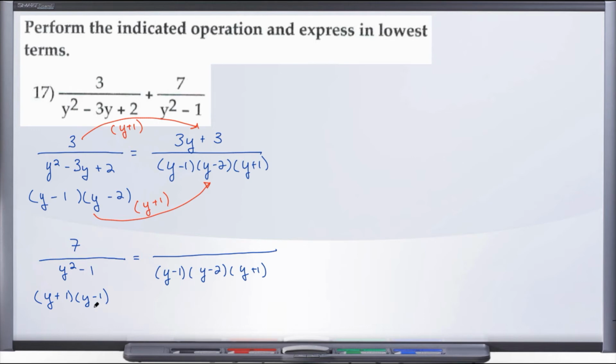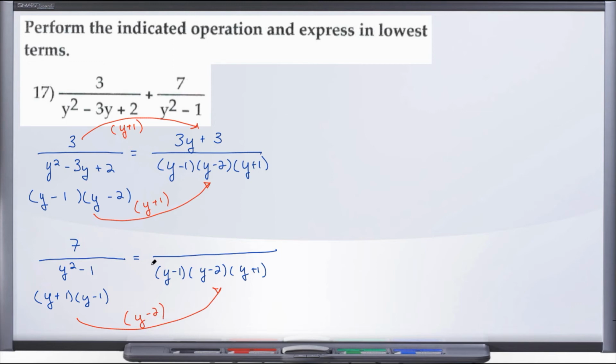All right, well, now let's take a look and see what we have down here. Y plus 1, y minus 1. So which factor are we missing from the original denominator? Well, we're missing the y minus 2. So that means that in order to get from the original denominator, y plus 1, y minus 1, to the common denominator, y minus 1, y plus 1, y minus 2, we had to multiply by y minus 2.